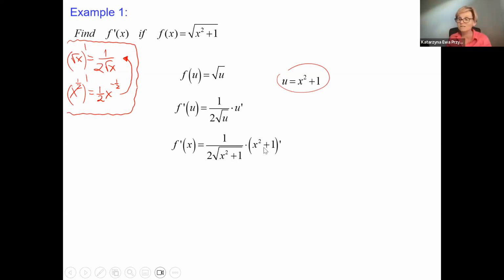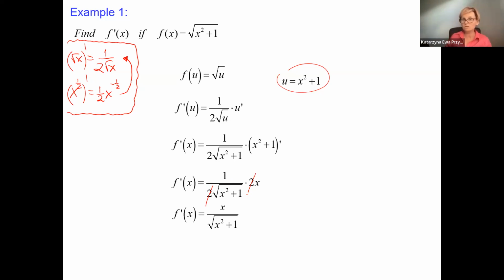That's the inner function, times the derivative of x squared plus 1. What's the derivative of x squared plus 1? It is 2x. We can cancel out 2 and that's it. I know you will probably skip the u notation later, but let's do a couple of first examples doing this.